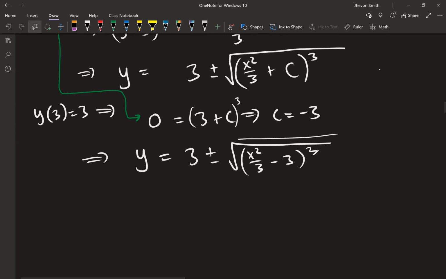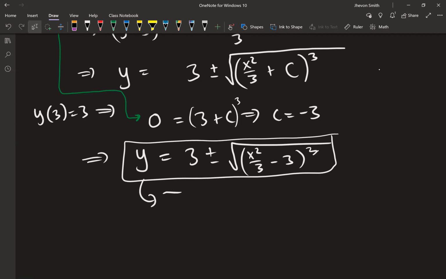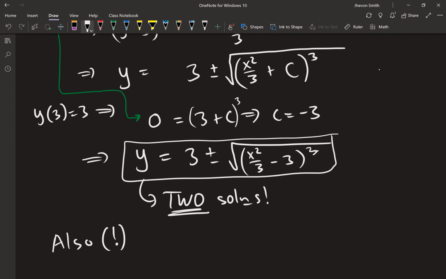Okay, so that is actually the solution. Now what I want you to recognize here is that there are 2 solutions to this first order ODE. But also, y equals the constant function 3 is also a solution.